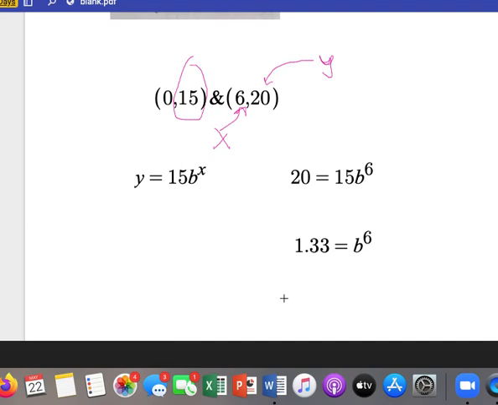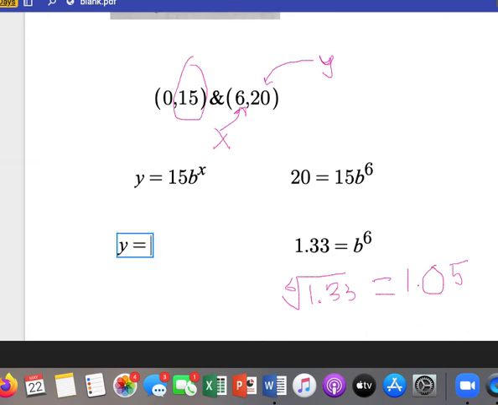If I used this feature on Desmos or on another regular calculator, and I put in the 1.33, and I put the 6 out here, sorry, I know my handwriting is horrible on the computer, but I'm doing the best I can, I'm going to end up getting 1.048, which I rounded to 1.05.